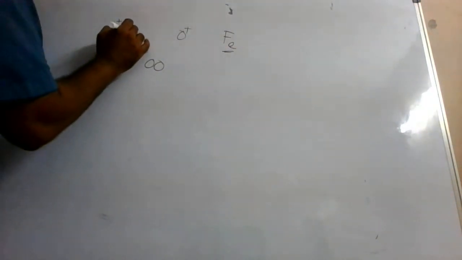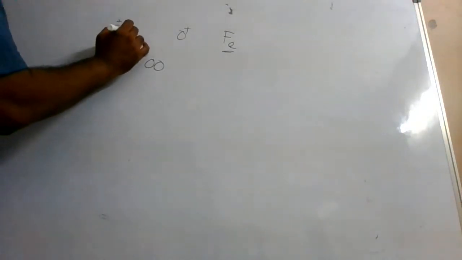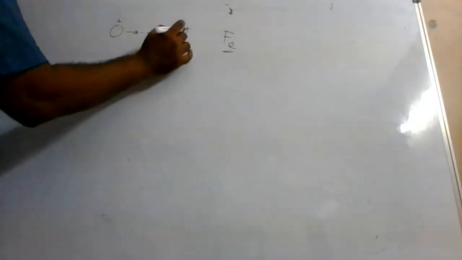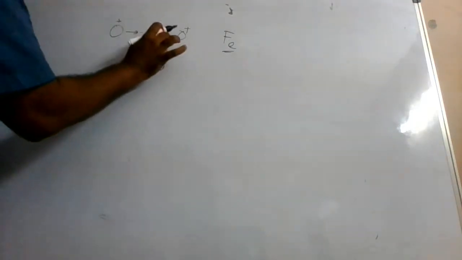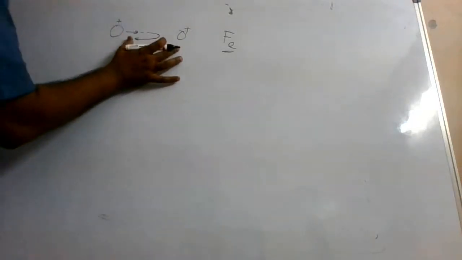So if it is moving towards this proton, it will go up to a certain distance, and when it goes closer to the other proton, their repulsion will increase. So it will go and it will return.